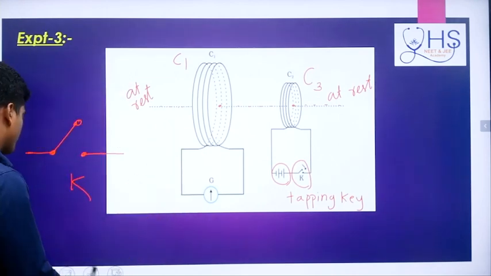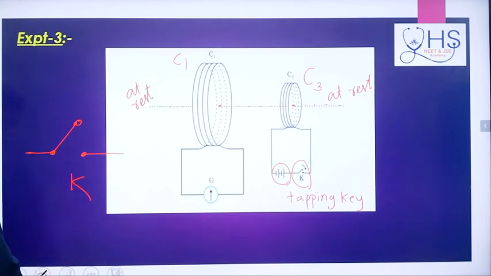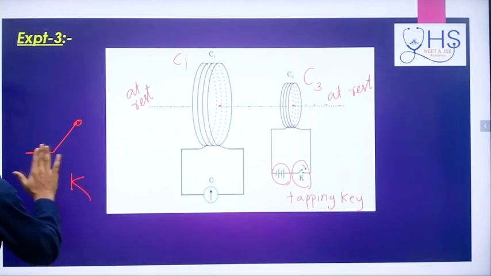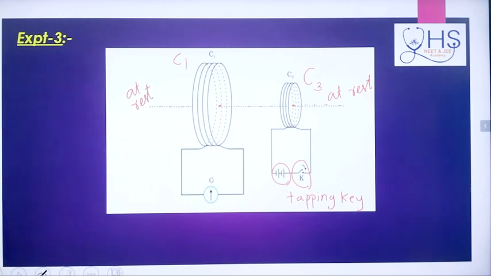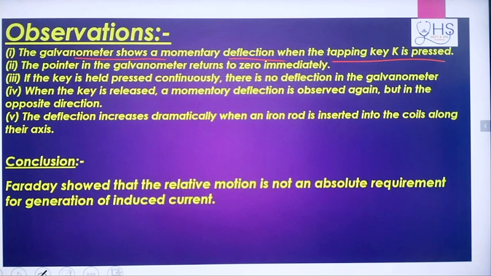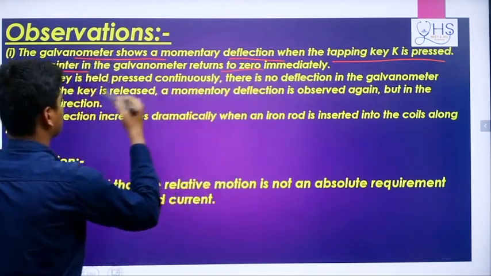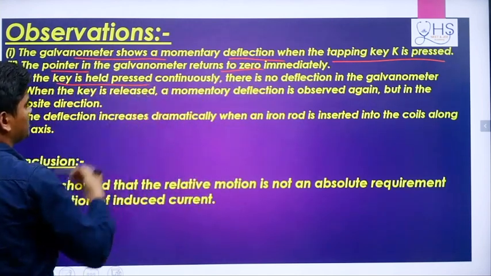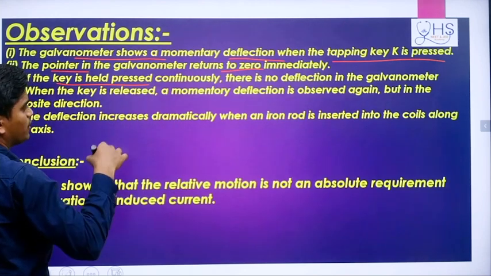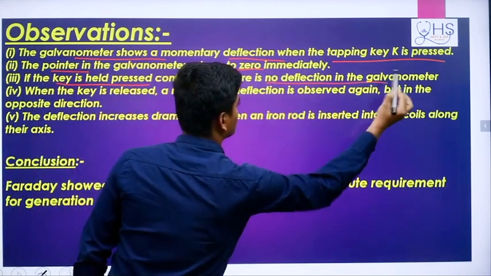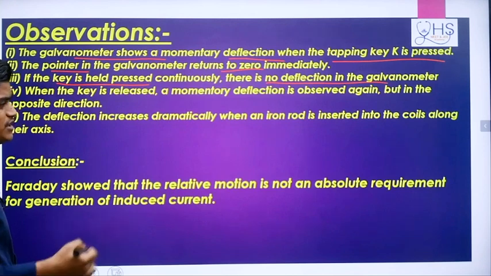And the observation, whatever you observed now, you can write that. Complete this experimental setup and write these observations. There are 5 observations given. The pointer in the galvanometer returns to 0 immediately, and if the key is pressed continuously, there is no deflection in the galvanometer because there is a steady current.